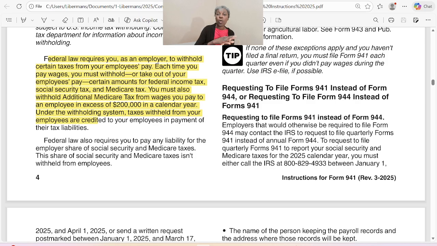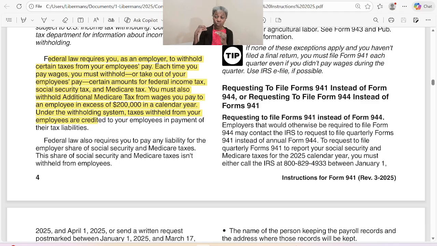When you stop collecting Social Security tax because it reached the Social Security tax max and exceeded, you are going to continue withholding Medicare tax. When it reaches 200,000, any wages you pay to that person in your business past that 200,000, you are going to withhold the regular Medicare tax.